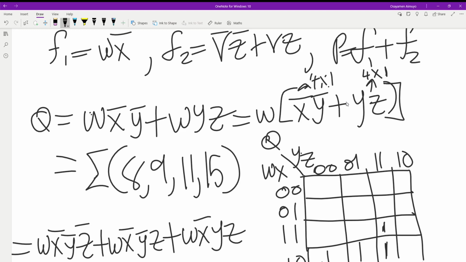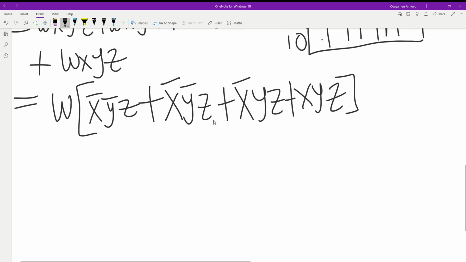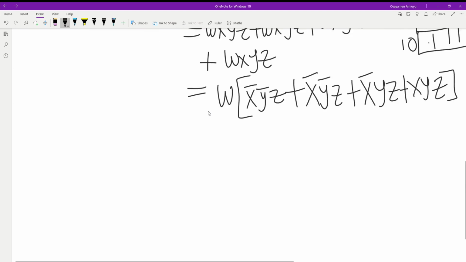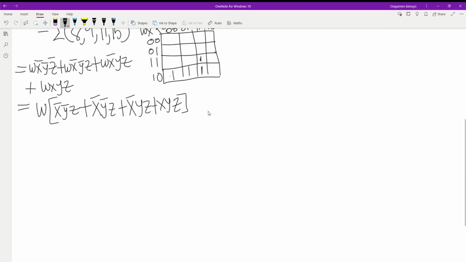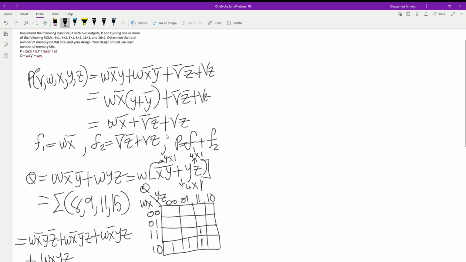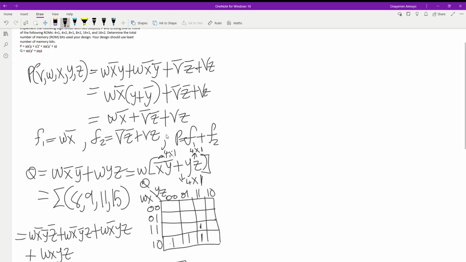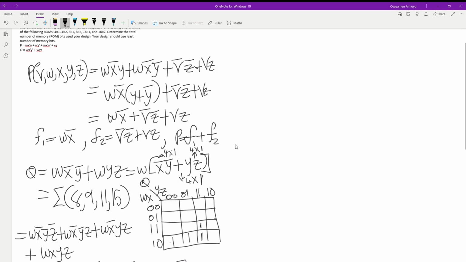So that's a total of about 12 bits already. But here, you can just use an 8x1 ROM. So that saves us how many bits? 4 bits. So yeah, we did overcomplicate the problem, but we saved bits, and saved money as well, because bits are quite expensive in terms of circuit design.